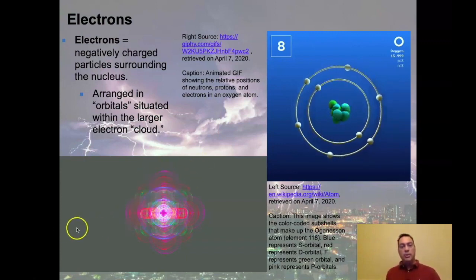And so we call these orbitals because they're not really going in circles. They're orbiting the nucleus while at the same time avoiding each other. It's a really complicated symphony of motion that tends to happen around the nucleus. So that's what electrons are. And so they're basically in these shells around the nucleus, which would be situated somewhere right in the very center.